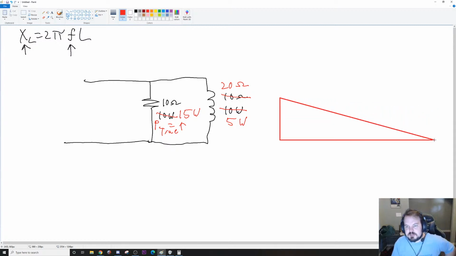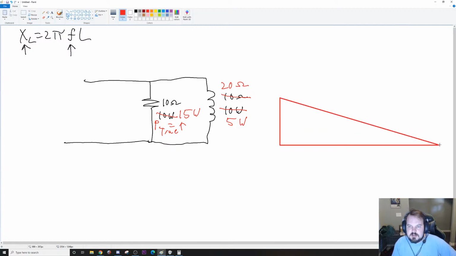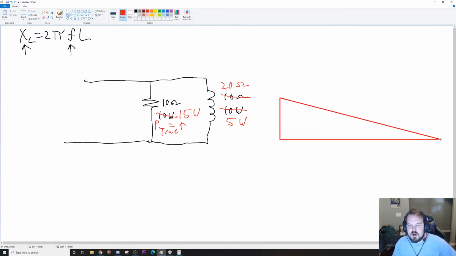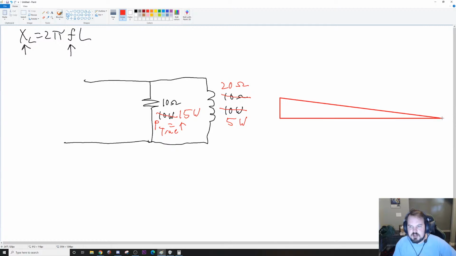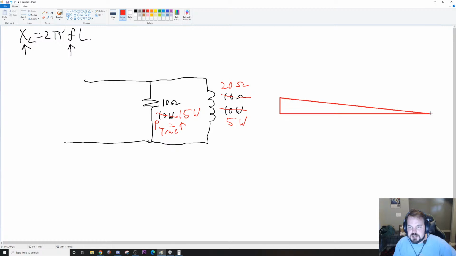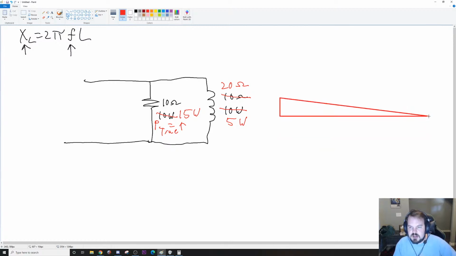So remember that up and down the vertical line that I'm increasing and decreasing right now, that's that 5 watts. It went from 10 to 5. Let's say the true power didn't change at all, but the apparent power went from 10 to 5.